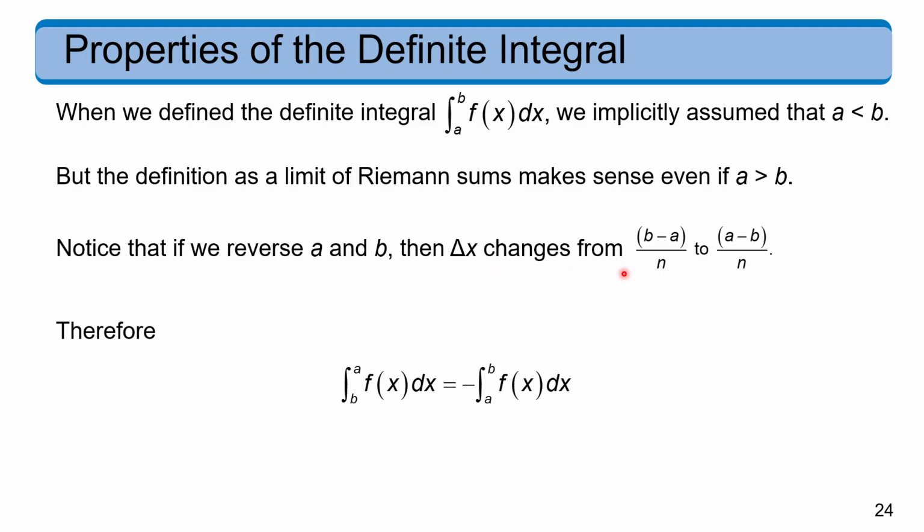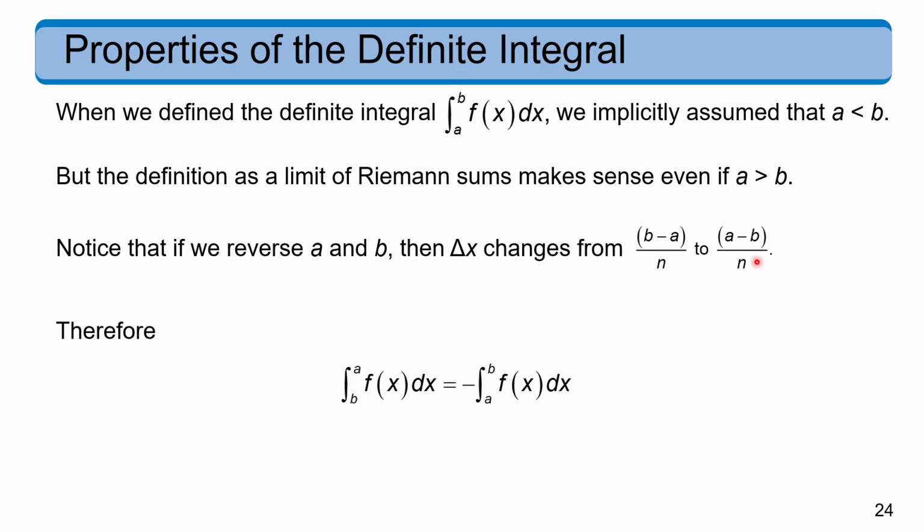The delta x is always the top number minus the bottom number, which when it's written in this form, would be b minus a over n. If we change the order and put b at the bottom, a at the top, when we find delta x, we would use, again, the top value minus the bottom value. It would become a minus b.